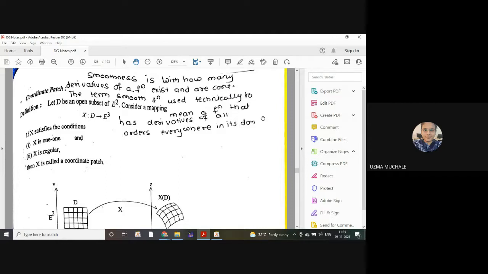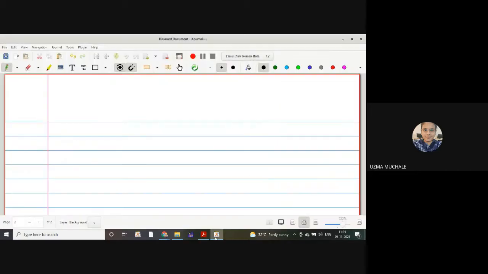Consider the mapping X from E2 to E3. And what is D? D is any subset of E2. So you can consider this to be a mapping from E2 to E3.